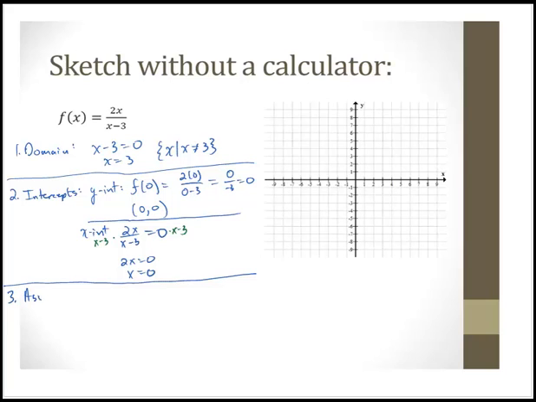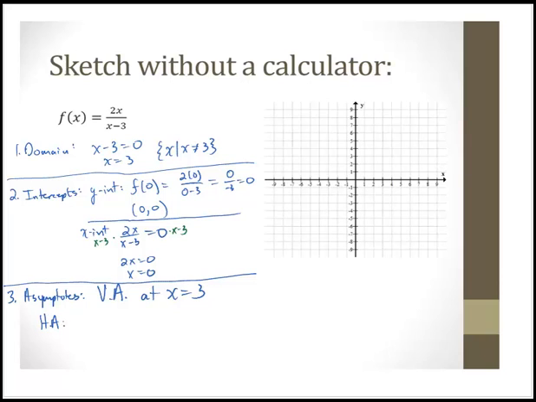Alright, so I have the domain, I have the intercepts. Asymptotes. Well, I know that I can't factor the numerator, so I expect a vertical asymptote at x equals 3. Is there a horizontal asymptote?